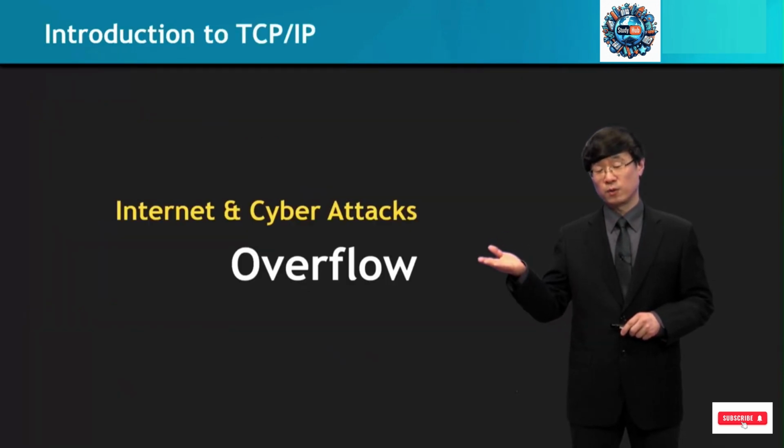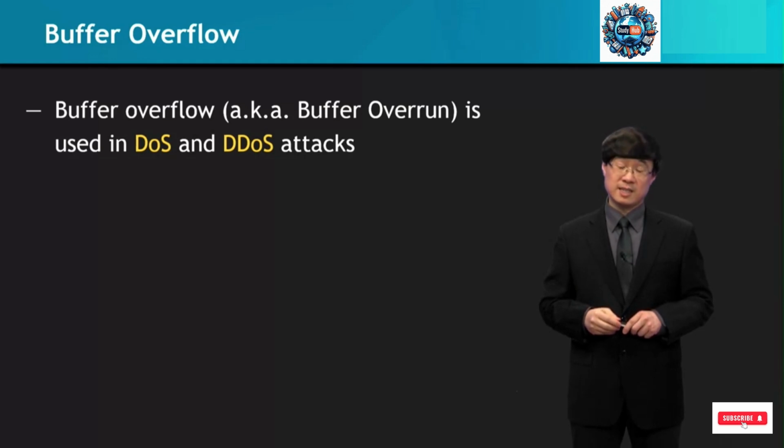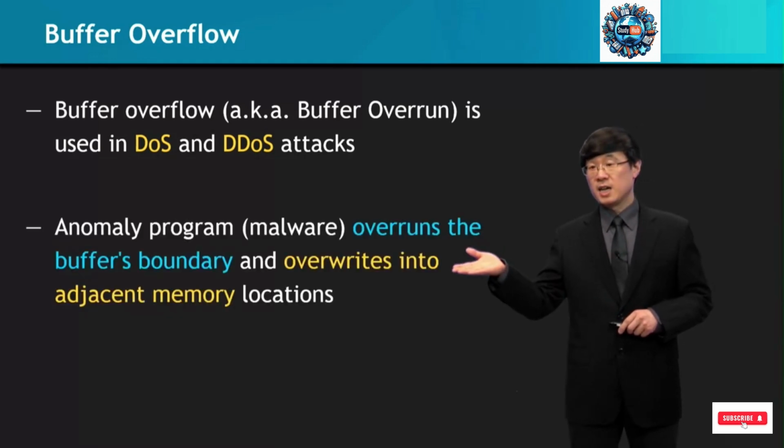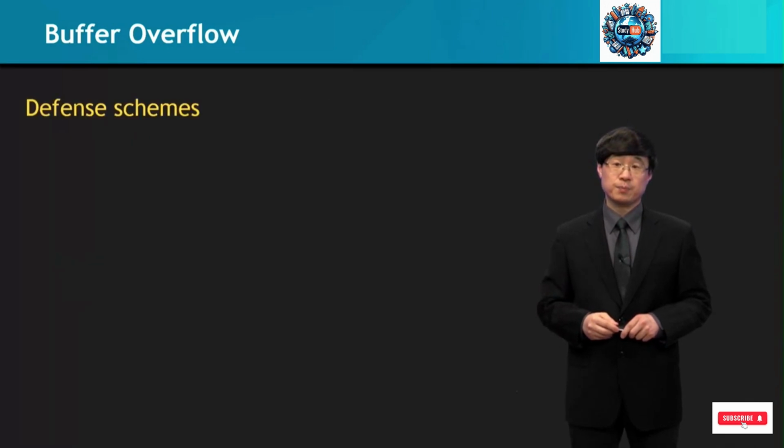This is overflow. As you can see, buffer overflow, which is also known as buffer overrun, is used in DoS and DDoS attacks. An anomaly program, which is a malware, overruns the buffer boundary and overwrites into adjacent memory locations.